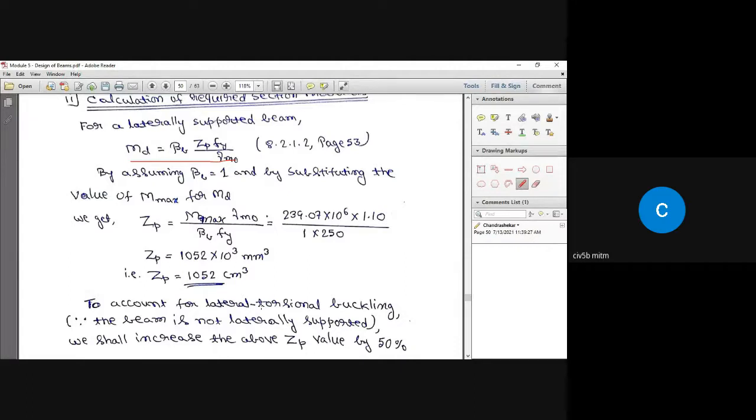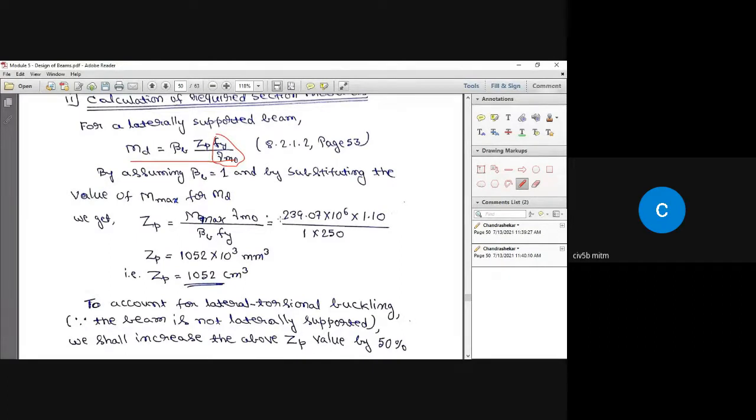Because ours is the case of a laterally unsupported beam, we should take into account the lateral torsional buckling. Due to lateral torsional buckling, the value of the stress in the steel is not going to be Fy divided by gamma MO. Instead, it is going to be less than Fy divided by gamma MO.